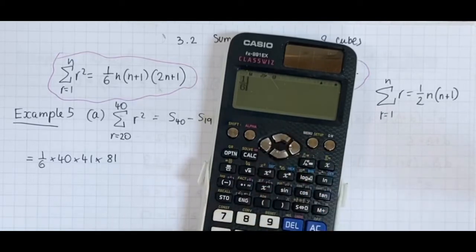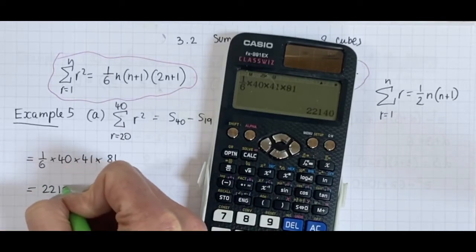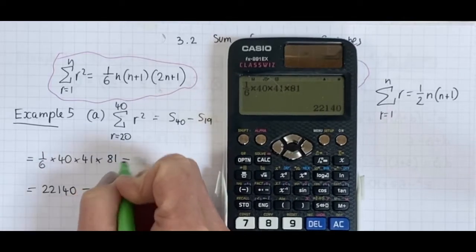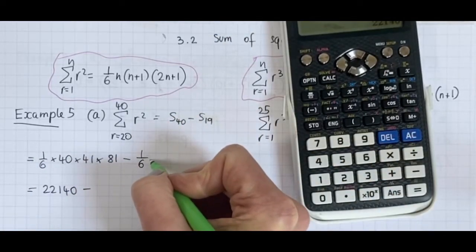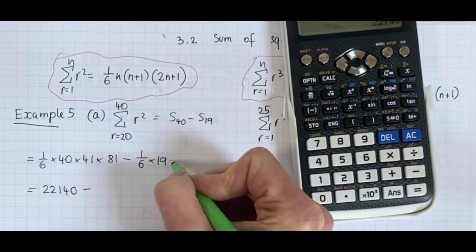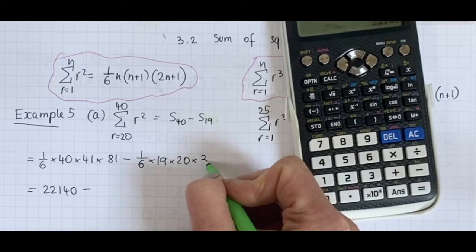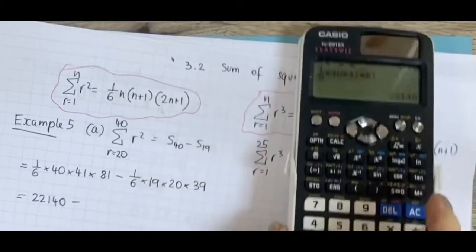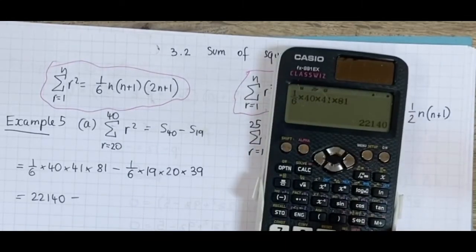So this one here is going to be 1/6 times 40 times 41 times 81. So it's 22,140. And then if I put the sum of 19 terms, it's 19 times 20 times 39, because 2 times 19, add 1.